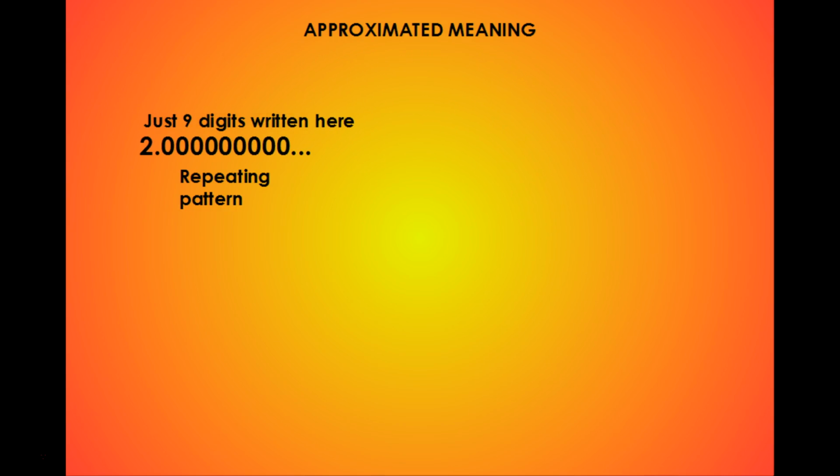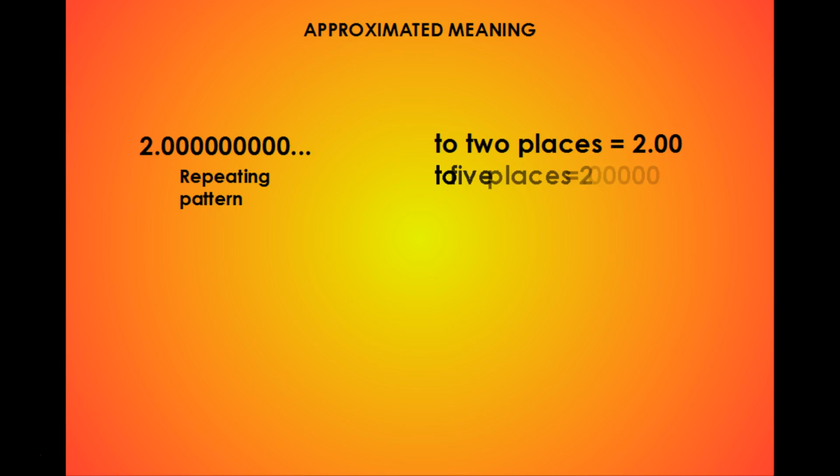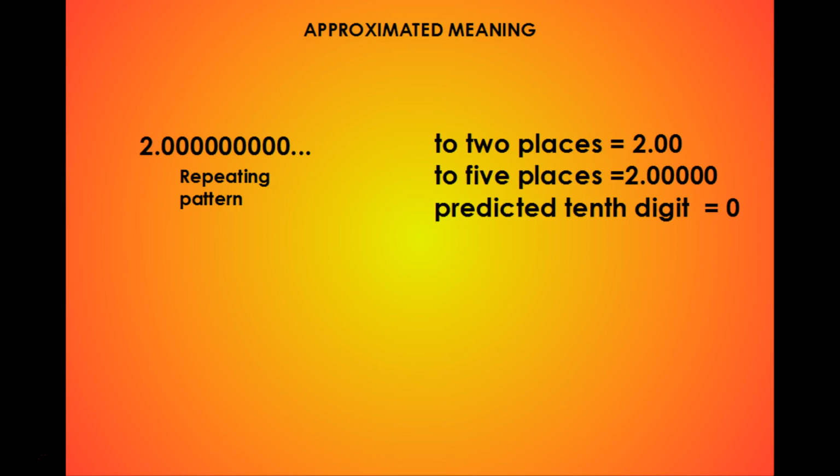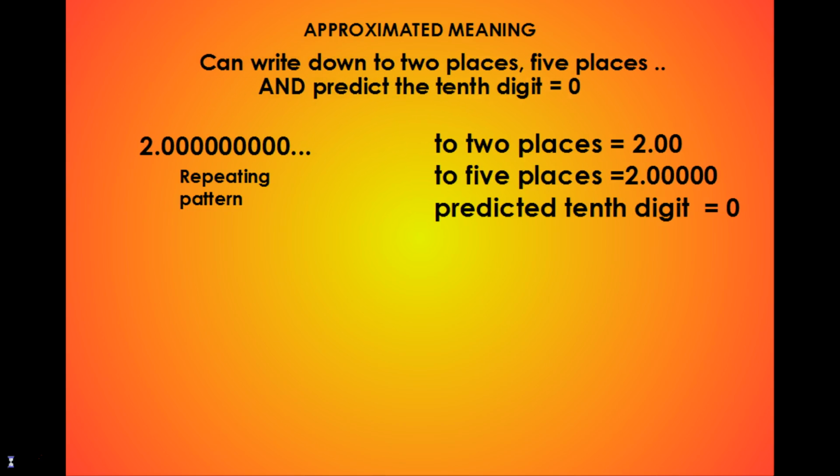But there are just 9 digits written here, so there are 9 zeros after the point, and from these 9 digits, we could write down this number to 2 places, and that would be 2.00, or we could write it down to 5 places, 2.00000. Although we've been given just 9 places and we know it's a repeating pattern, we can therefore predict the 10th digit is going to be 0. Okay. So you can summarize this as you can write down to 2 places, 5 places, and predict the 10th digit.